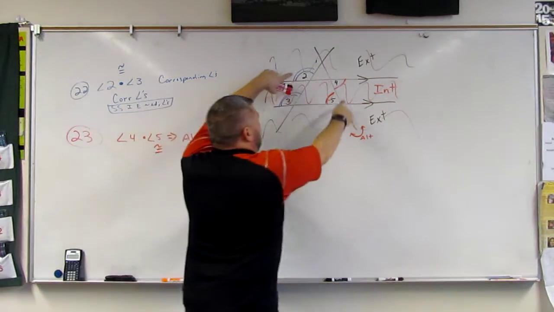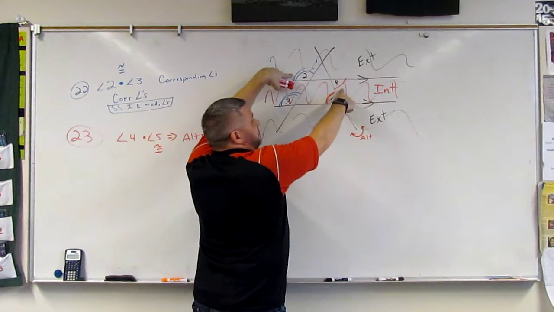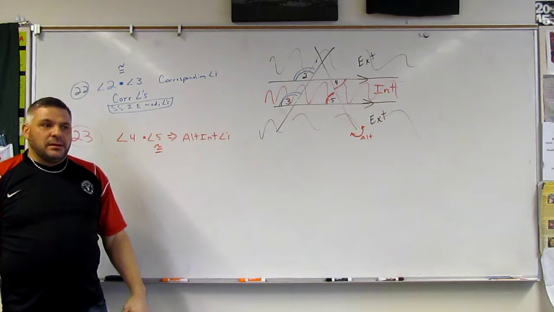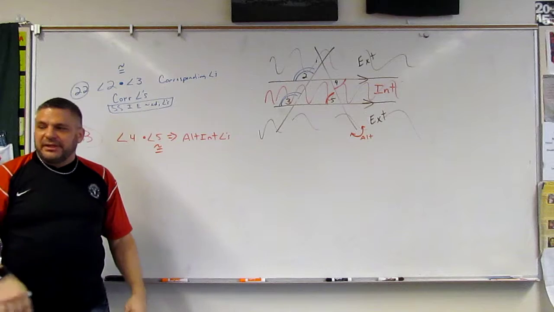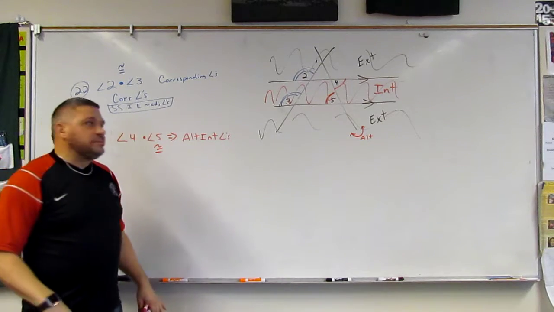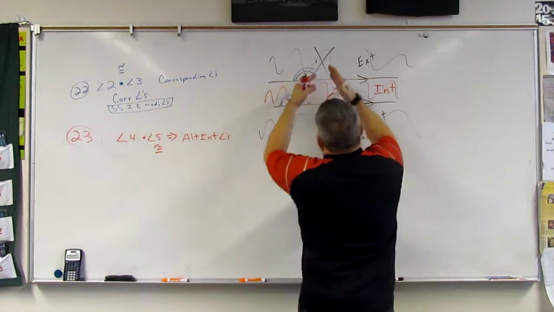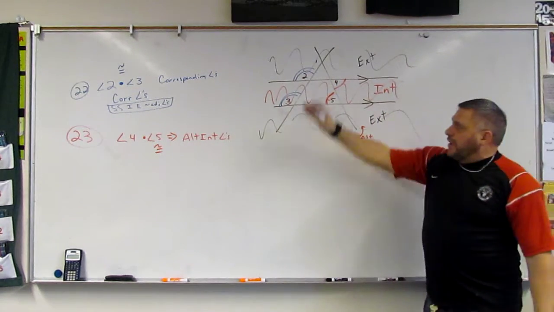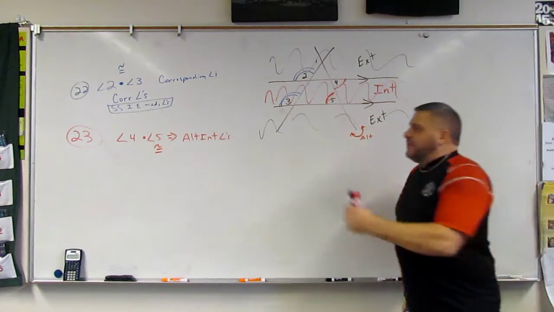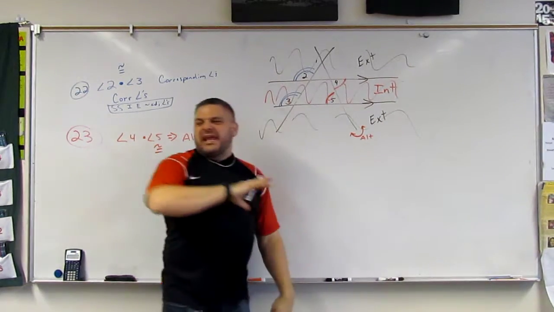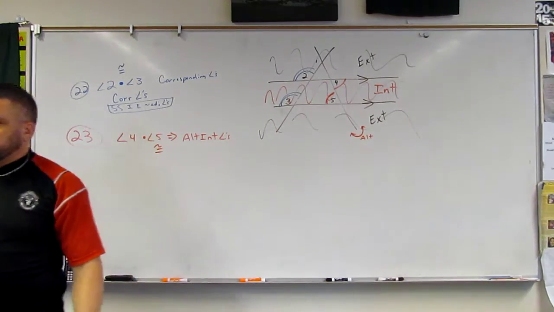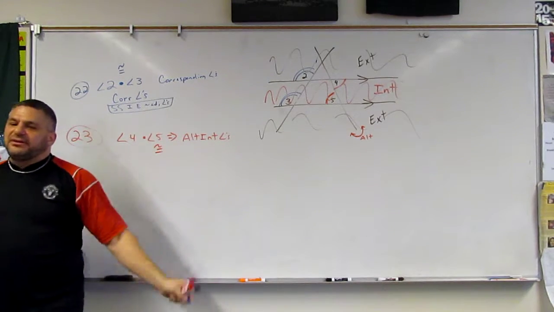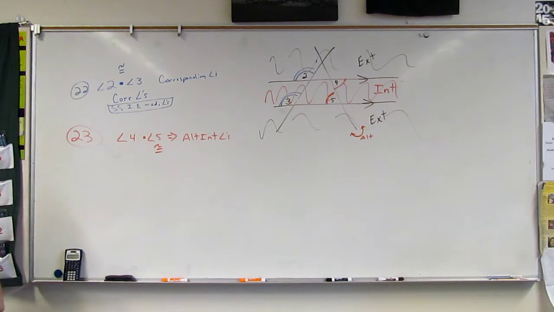But 2 and 4 are not congruent. Are they? They're not even part of each other. They're part of two totally different systems. You see how that is? One's part of this transversal and the other one's part of this transversal. They don't have anything to do with each other. 4 and 2 and 5 and 3 have nothing to do with each other.